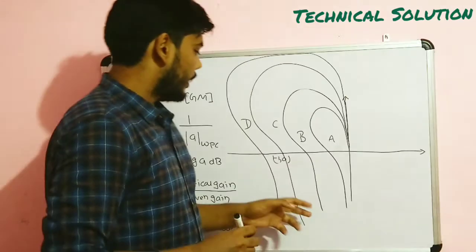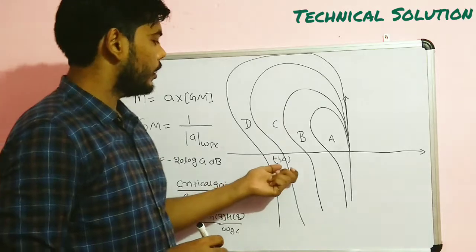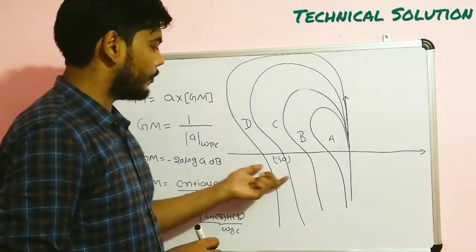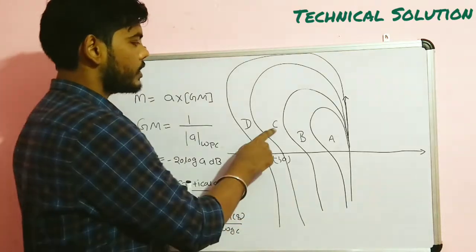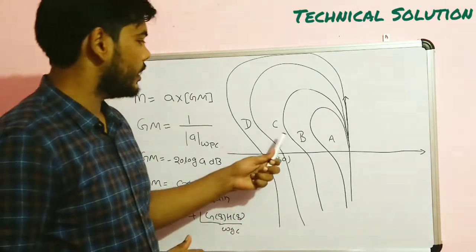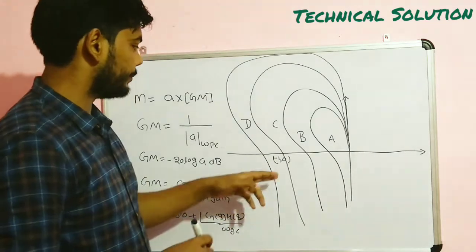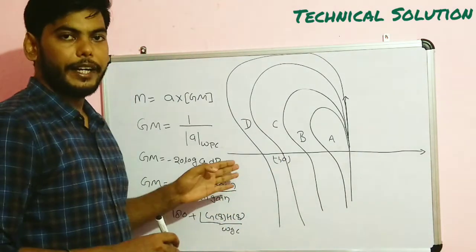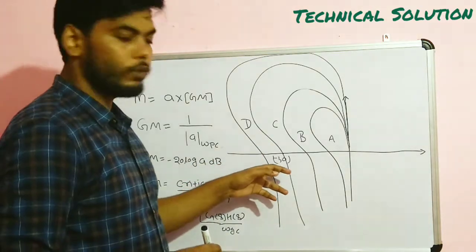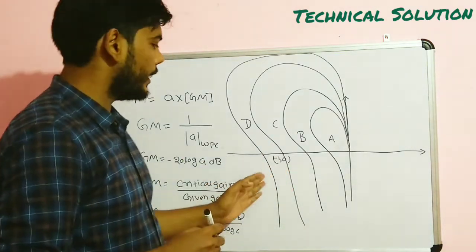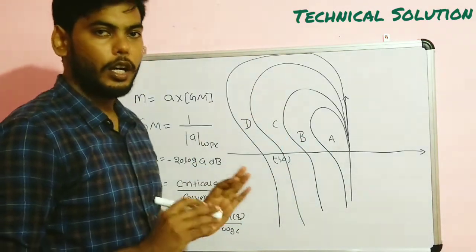In a polar plot, when the polar plot passes through the -1+j0 reference point, the system becomes marginally stable. So system C is marginally stable. When the polar plot lies to the left of -1+j0, that is, the reference point lies to the right side of the polar plot, the system becomes unstable.